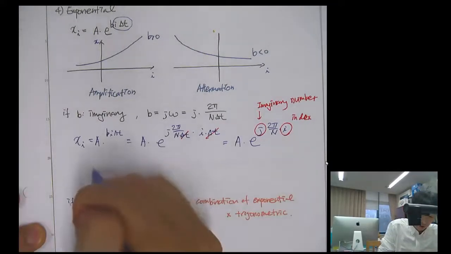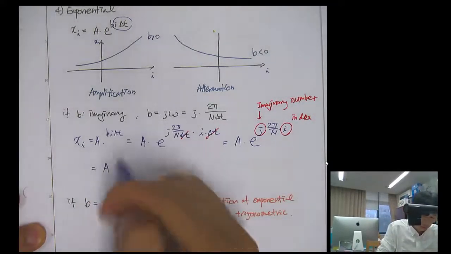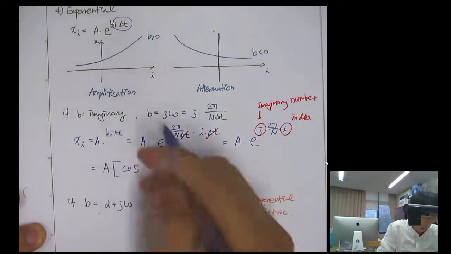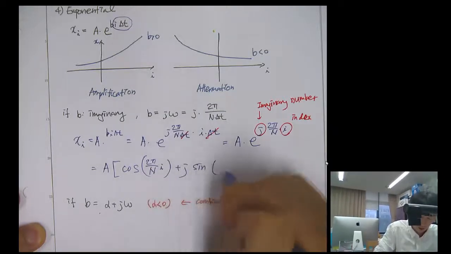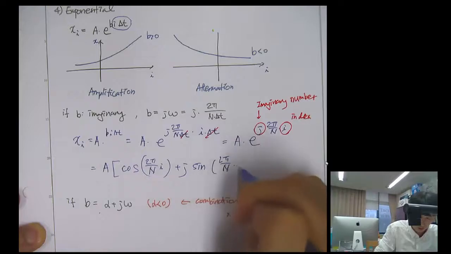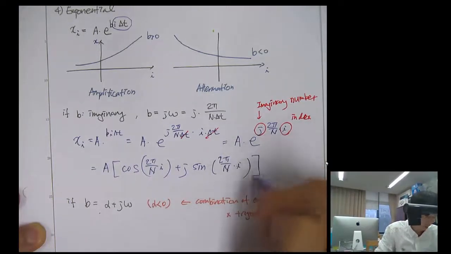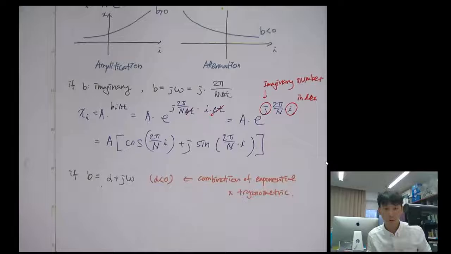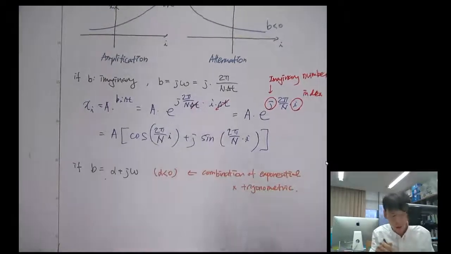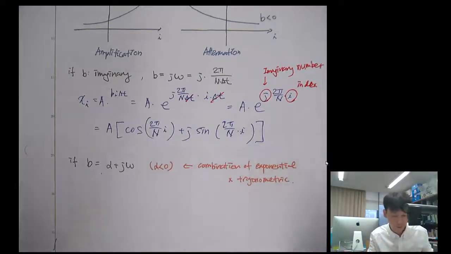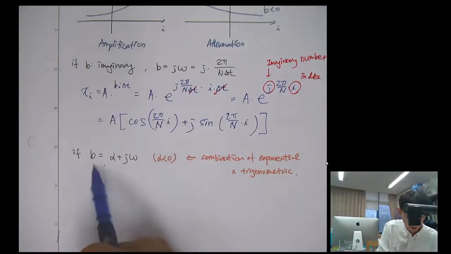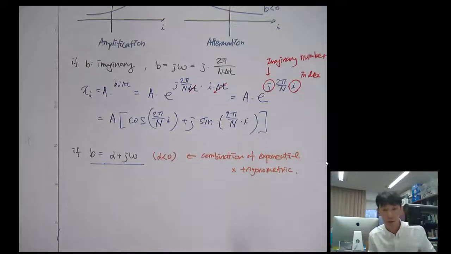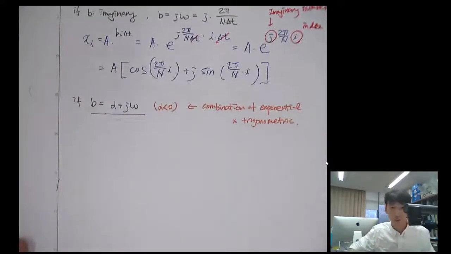Then this can be expressed with sine and cosine: cosine 2 pi i over N plus j sine 2 pi i over N. So it's going to be an oscillation of a signal. What about if b is alpha plus j omega, and here alpha is a negative value?